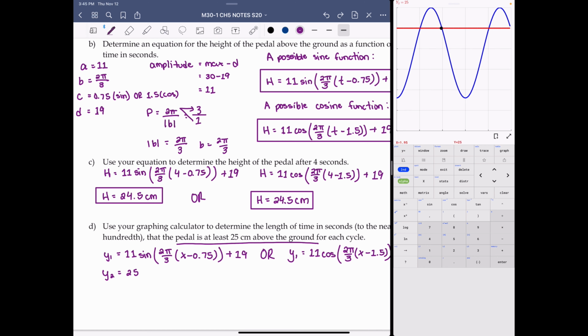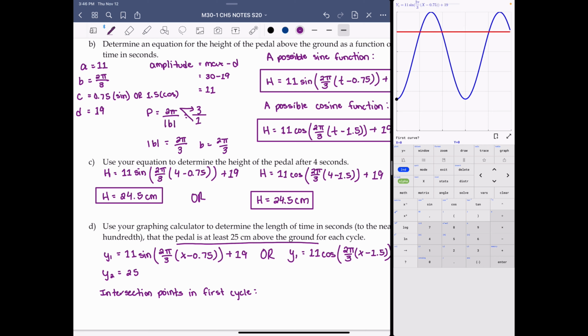I want to find the intersection point of the two graphs for that first cycle. Second, trace number 5, enter, enter, enter.